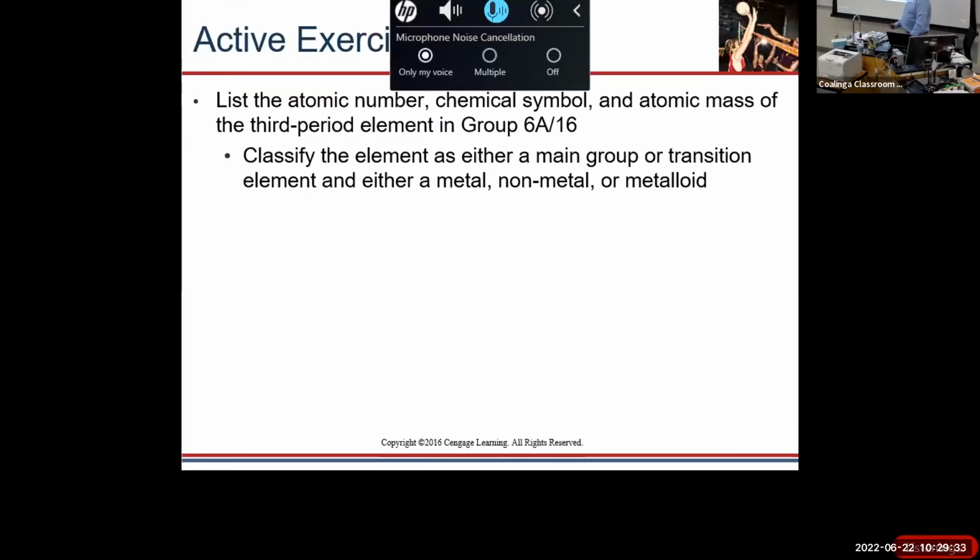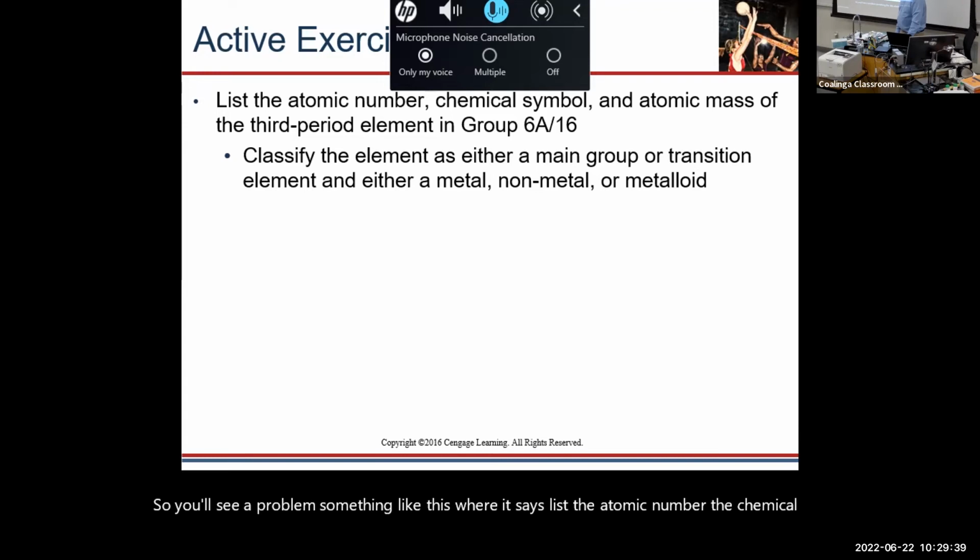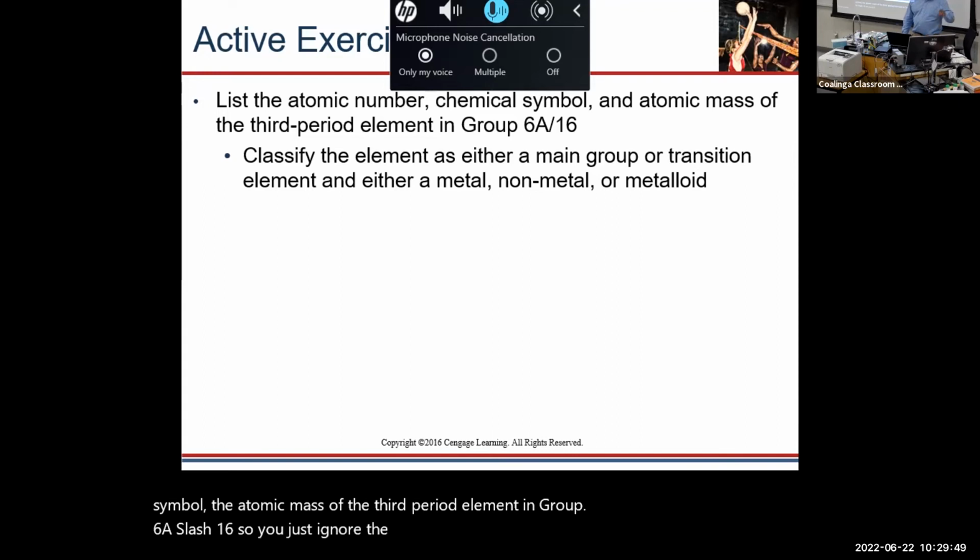You'll see a problem something like this, where it says, list the atomic number, the chemical symbol, and the atomic mass of the third period element in group 6A/16. So you just ignore the 6A. What's in the third period and in the 16th group? Sulfur. So we write sulfur.